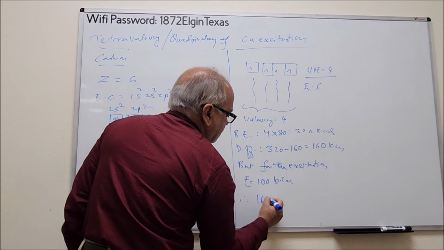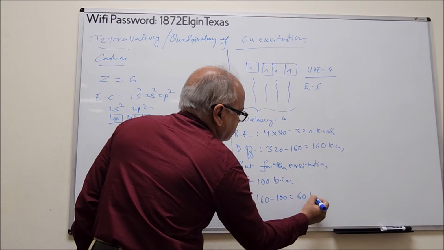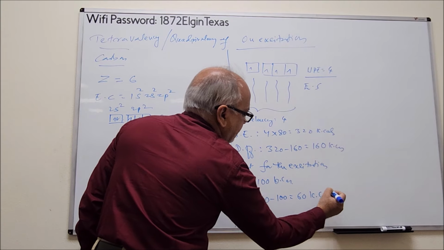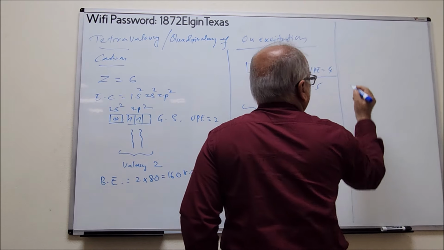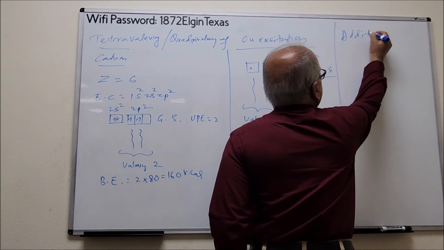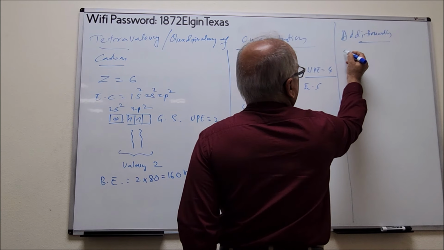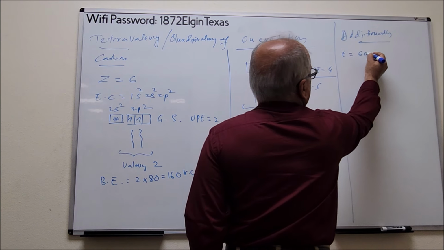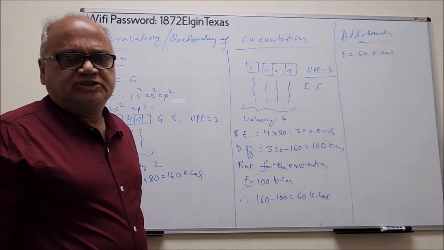Hence, 160 minus 100 equal to 60 kilocalories. Additionally, carbon is able to release 60 kilocalories of energy.